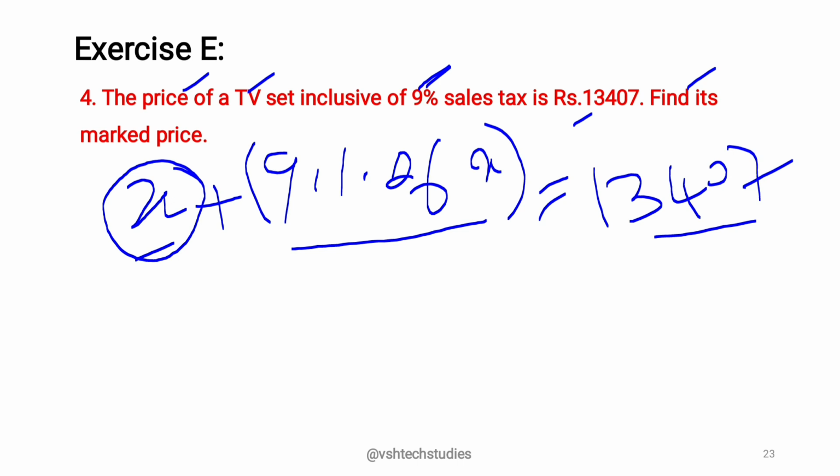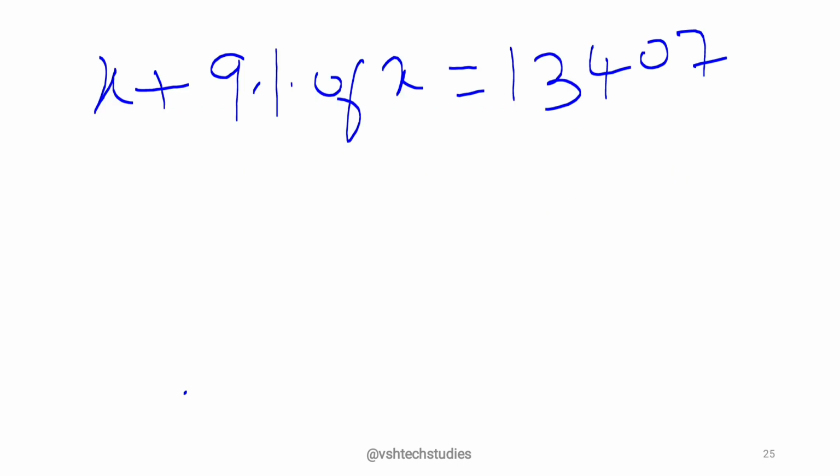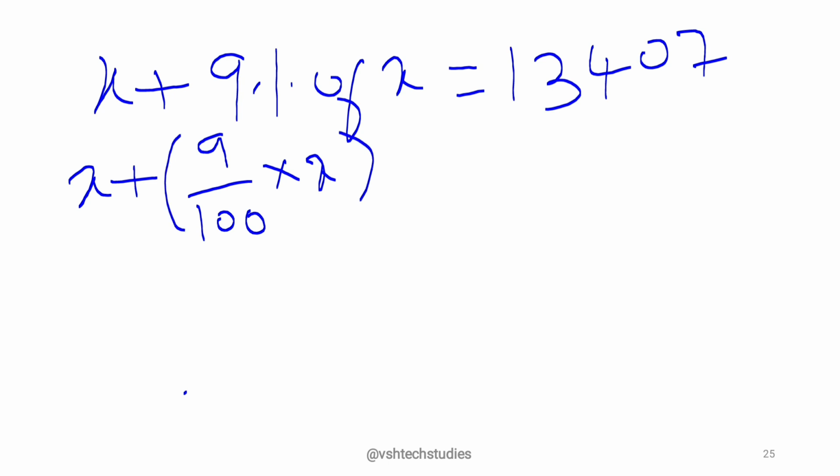Now we'll solve this. So here X as it is. 9% of X means 9 upon 100, that is 9%. Of means multiplied by X as it is. This is the sales tax of the TV. So that is equal to 13,407, what is given.